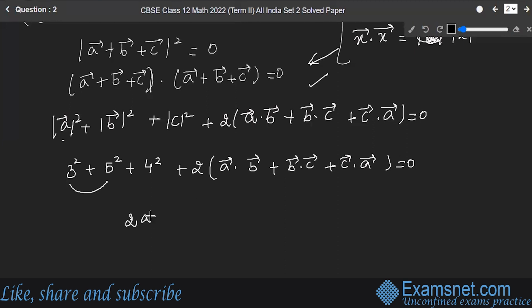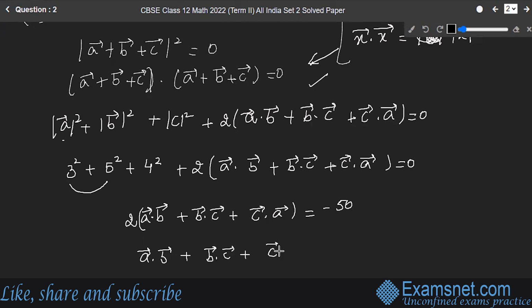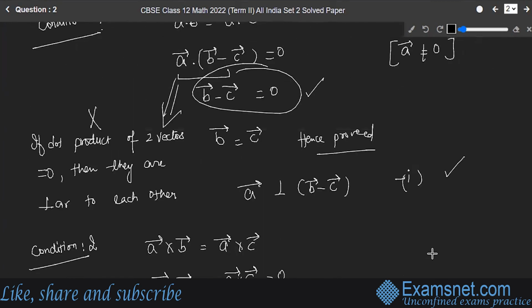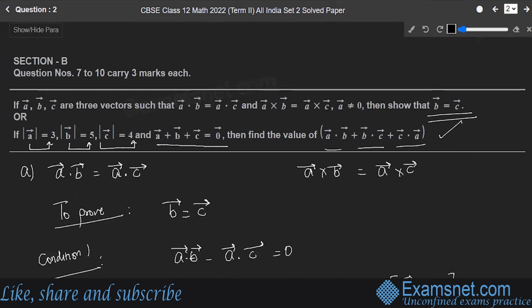So twice of A dot B, B dot C, C dot A is equal to minus 50. And if I take 2 to this side, A dot B plus B dot C plus C dot A is equal to minus 25. And this is the answer to the question, right? So the second part has the answer as minus 25. Hope you got that. Let's move to the next question.